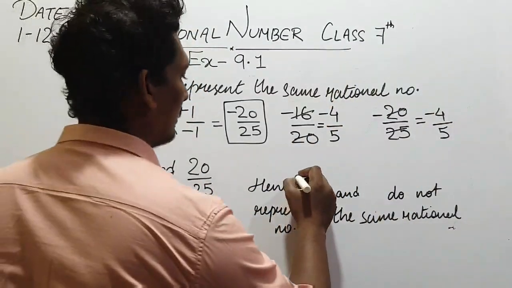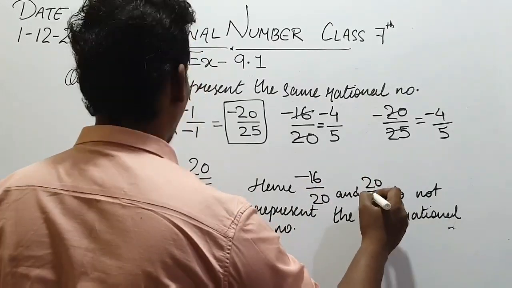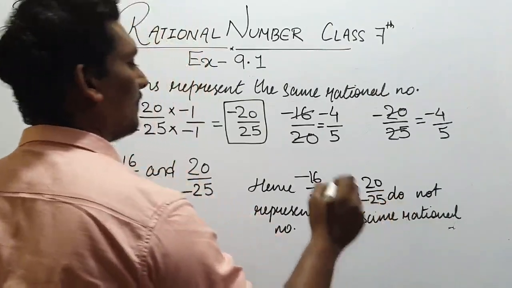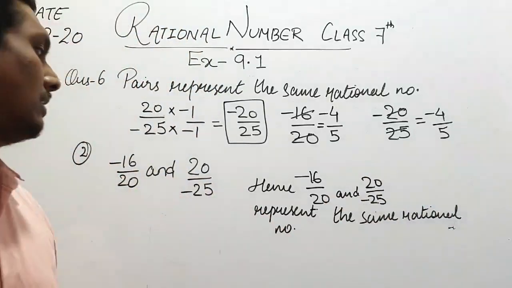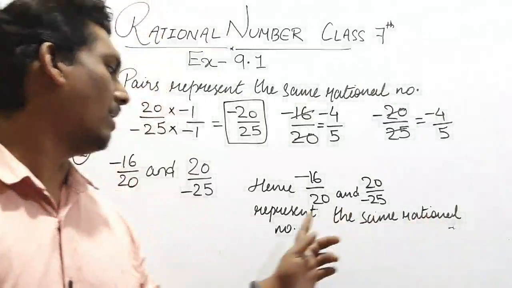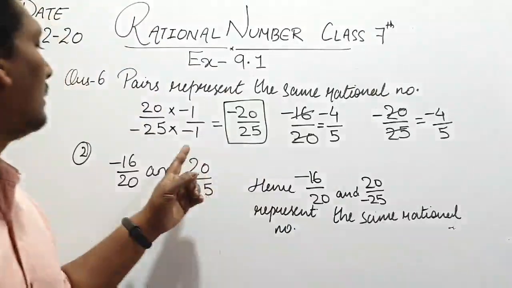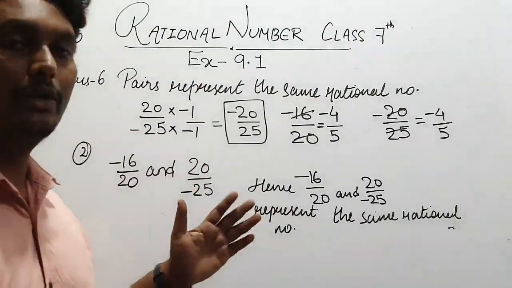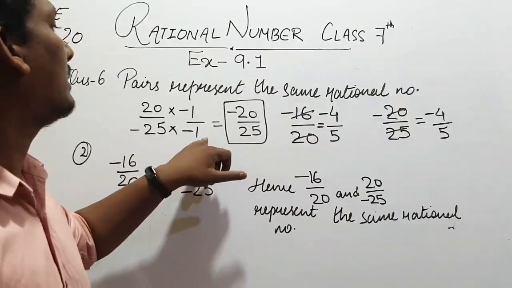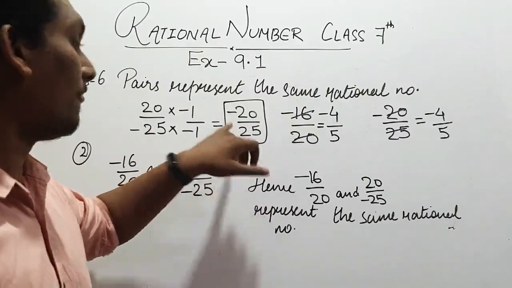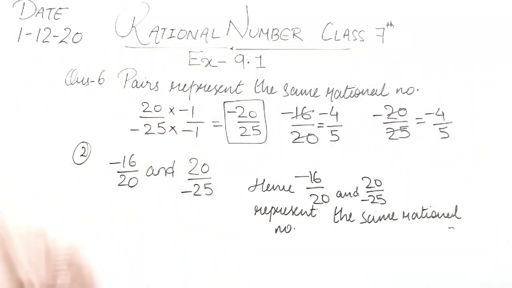So hence -16 upon 20 and 20 upon -25 represent the same rational number. Okay, it is very easy. But keep one thing in your mind: when you see a negative sign in the denominator, replace it by multiplying with -1 and make the denominator positive, then solve the question. Okay, just go through it.